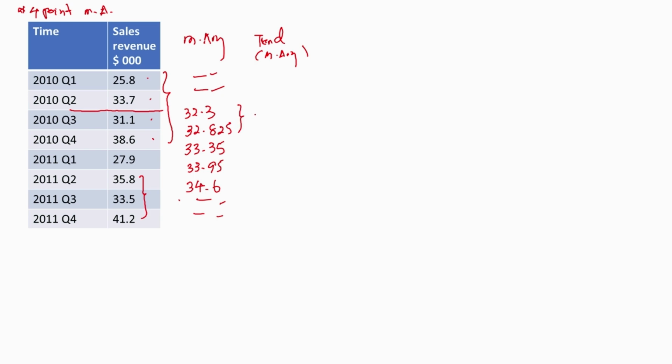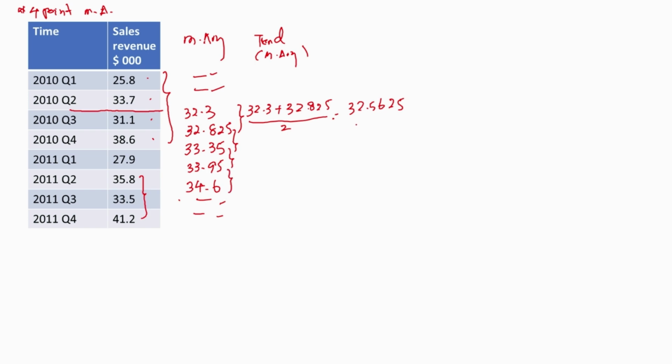So the average of these 2 points will be 32.3 plus 32.825. Remember, divided by 2 because we are only considering two values. So the average will be 32.5625. Likewise, now we can calculate for the next subsequent 2 points, for these two, for these two, and for these two.